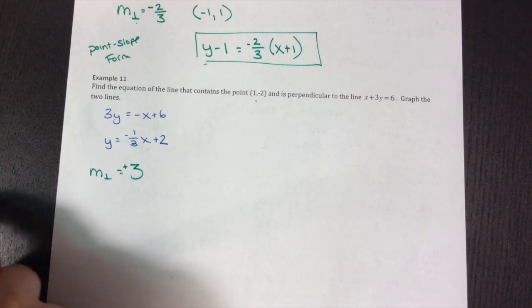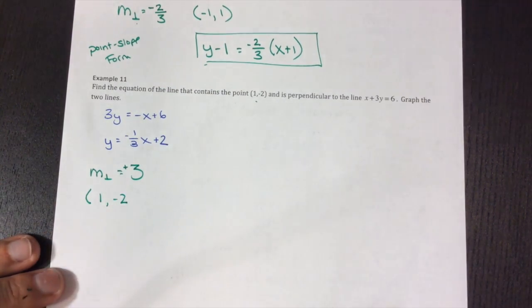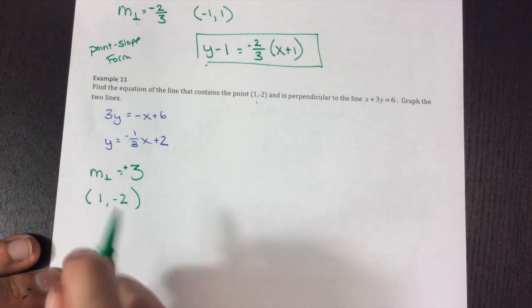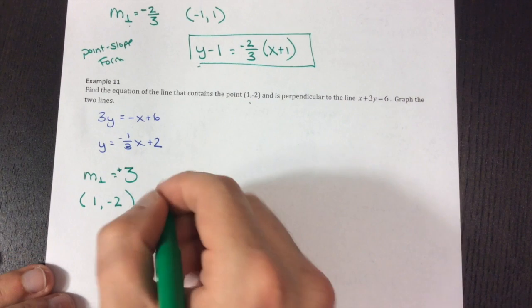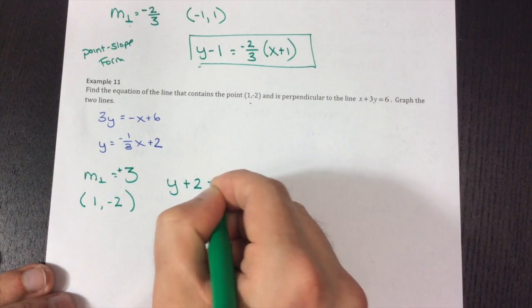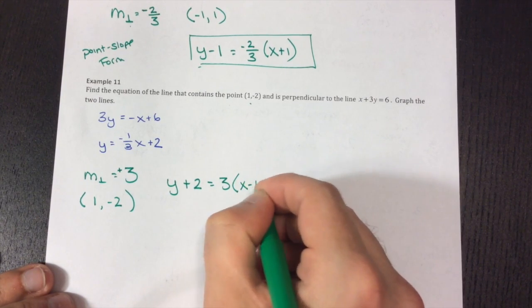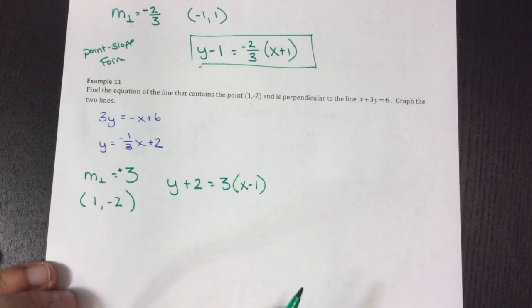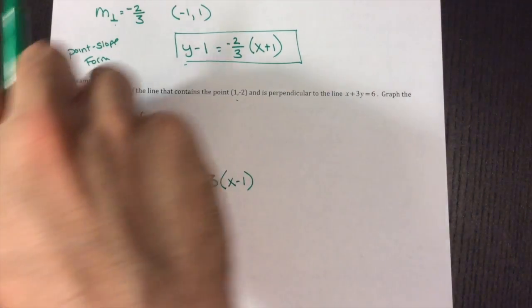And the point that I want this to pass through is (1, -2). So the equation of my perpendicular line in green here is going to be y minus -2 equals 3 times (x minus 1). That's my equation.